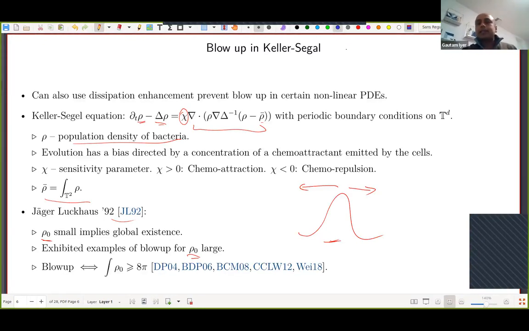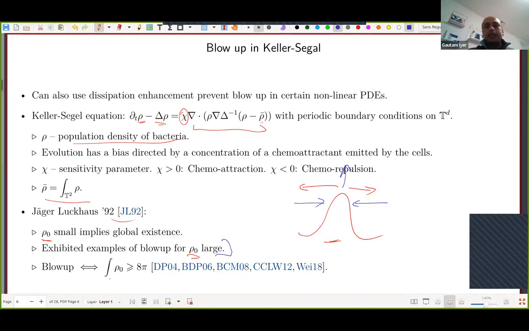So there is this chemoattraction phenomenon which makes the bacteria concentrate. There's a balance between these two, and it's certainly possible in certain situations for the chemoattraction to win and cause a population explosion at one point. That's what was exhibited explicitly in the initial paper of Jäger and Luckhaus, and of course, it's been studied extensively since.